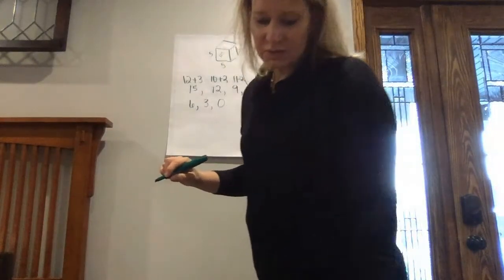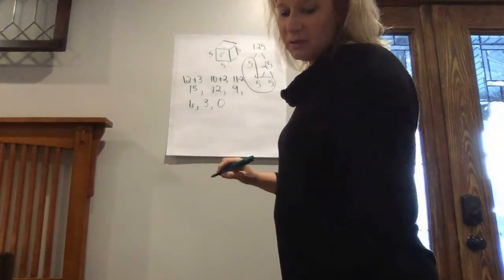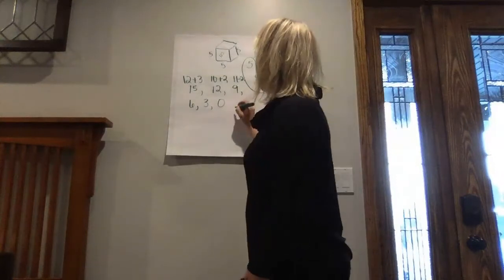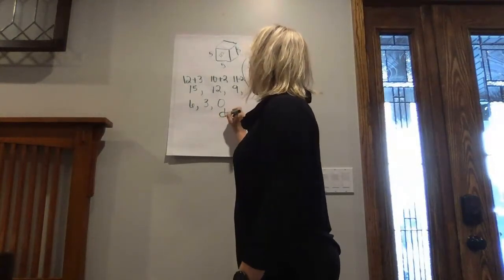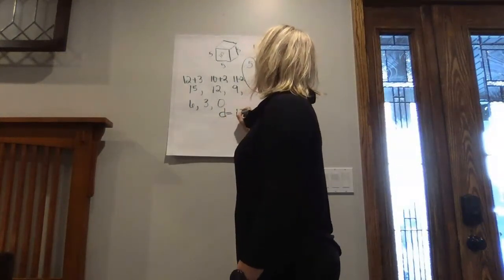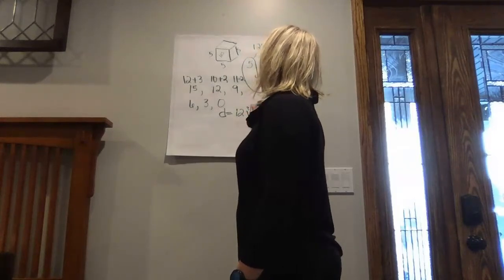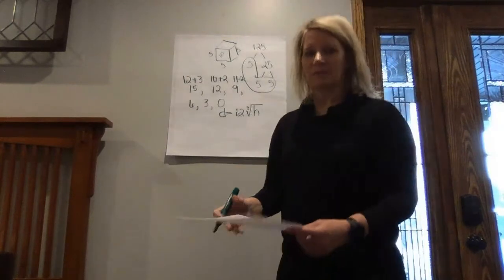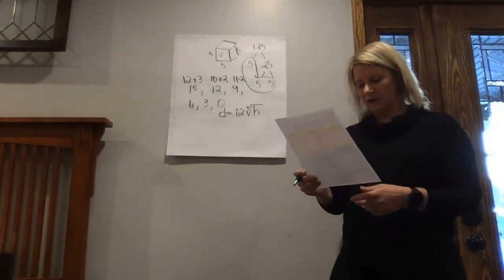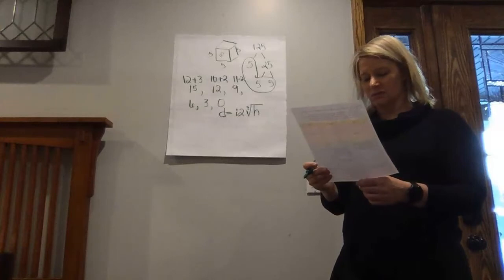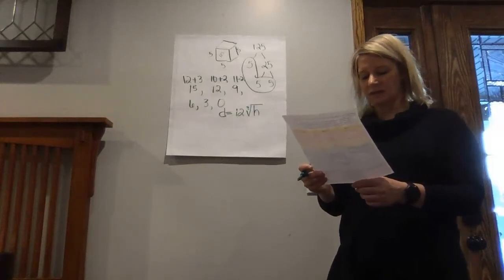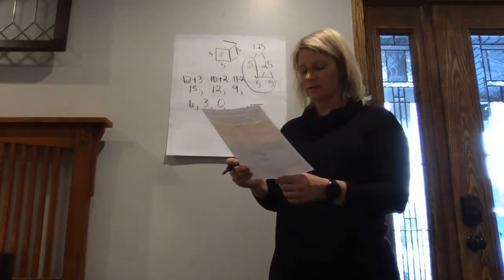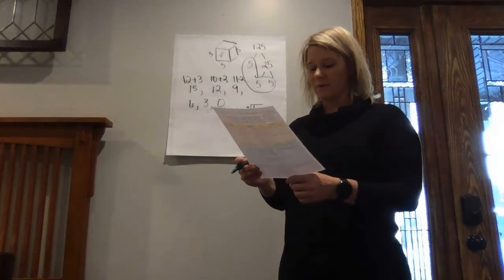Then the last one was the one that I had a question about. So you're given a formula of D equals 12 cube root of H. Okay? So I'm going to read the problem so we can understand what they're asking. The formula D equals 12 cube root of H can be used to estimate how far you see in miles when you are H feet above the ground.